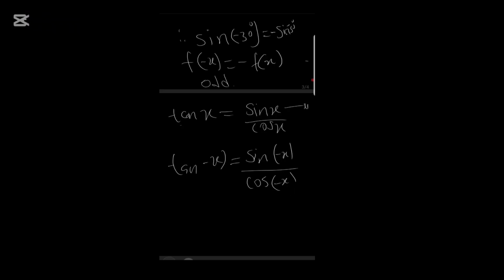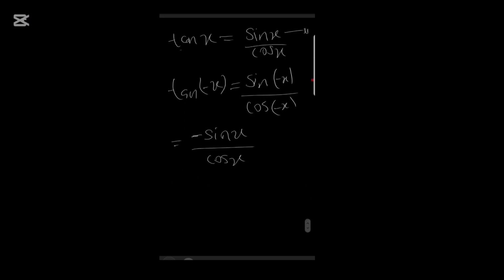So now what we'll do next is to simplify this. Sine of minus x: sine is an odd function as we agreed, so it will be minus sine x over cos of minus x. Cos is an even function, so it will eliminate the negative sign and it will just be cos x.